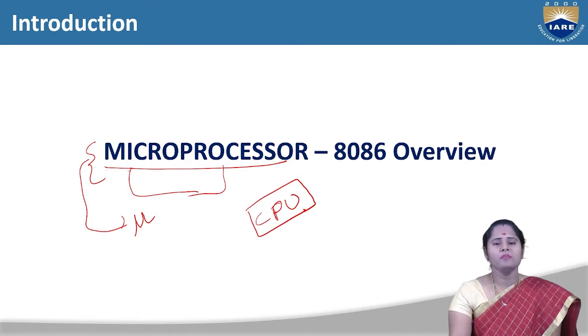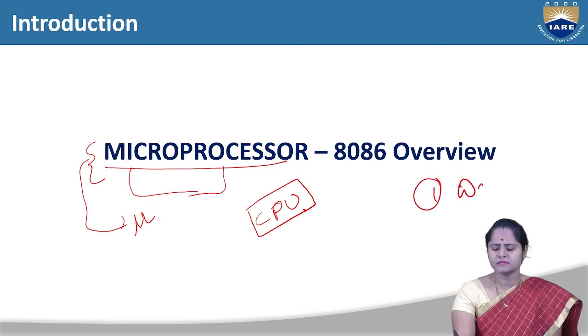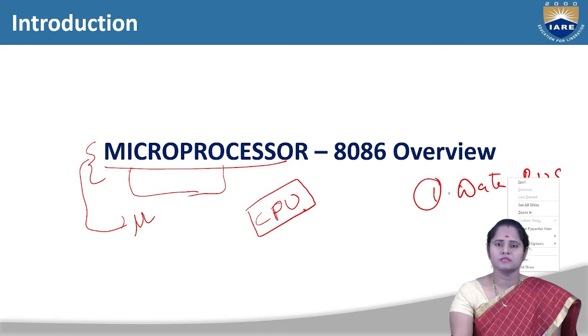Now let us come to the characteristics. A microprocessor is faster, meaning it operates in microseconds. What are the characteristics that depend on the microprocessor? The first one is the width of the data bus.